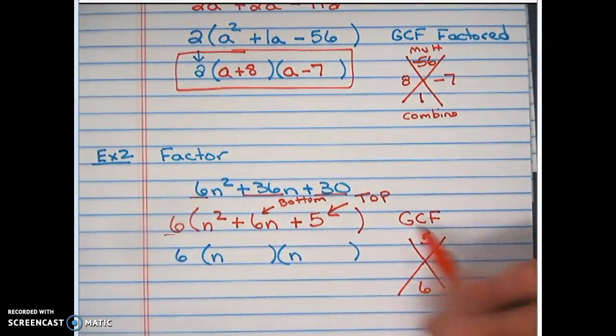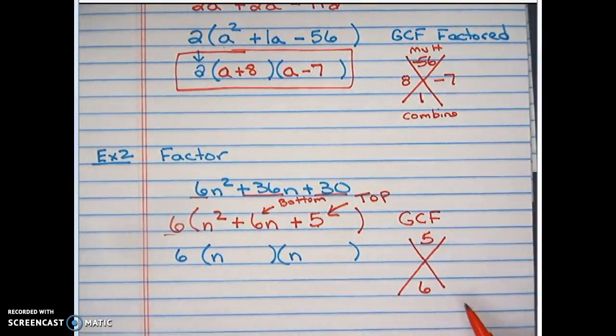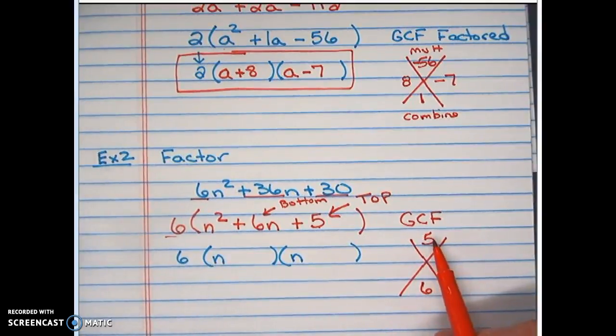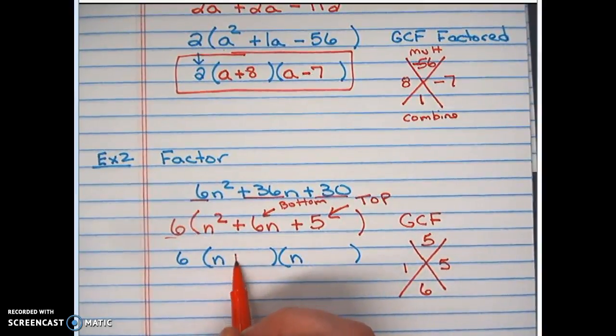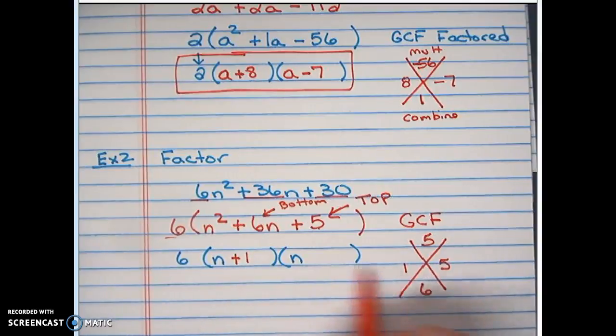There's not many numbers that multiply to 5. If you think about it, the only one I can think of is 1 and 5. If I put a 1 and 5 here, 1 times 5 is 5, and 1 plus 5 is 6. So this combination of numbers would work. So that means those are our factors, n plus 1 and n plus 5.